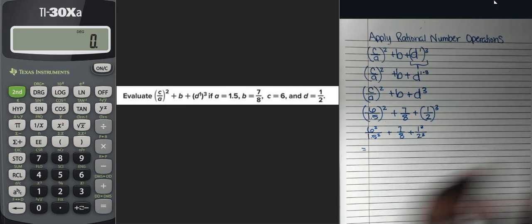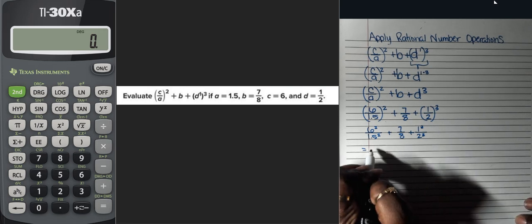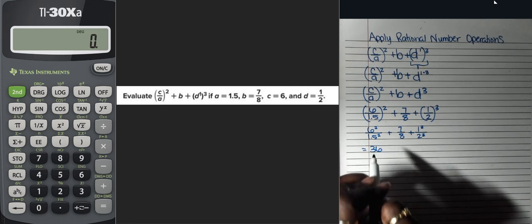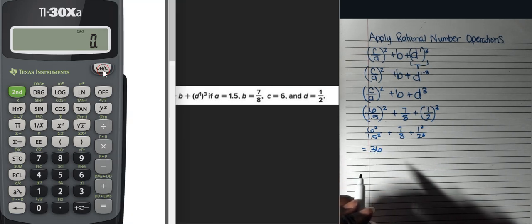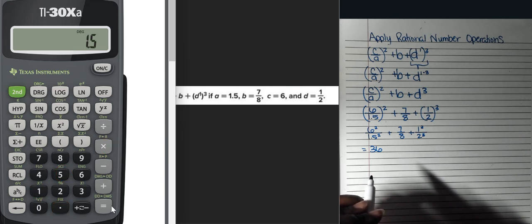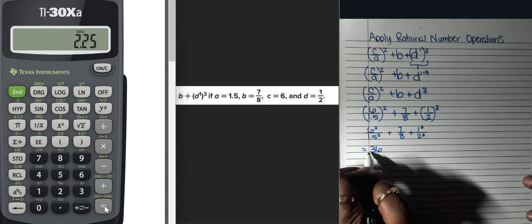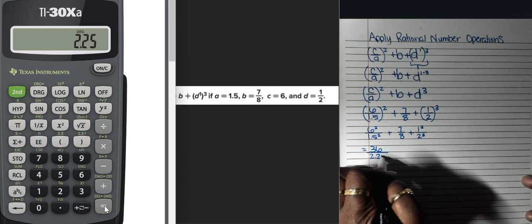Now, what do we get? So 6 times 6 gives me 36. Okay. 1.5 times 1.5. Well, 15 times 15 is 225. So that's going to be 2.25. But let's look and see. So 1.5 times 1.5 gives me 2.25, right? So we have 2.25.